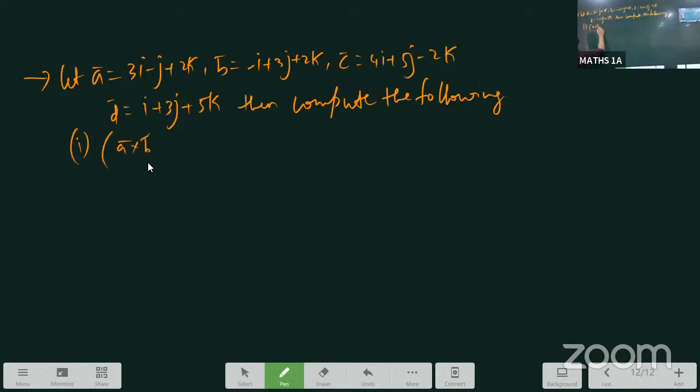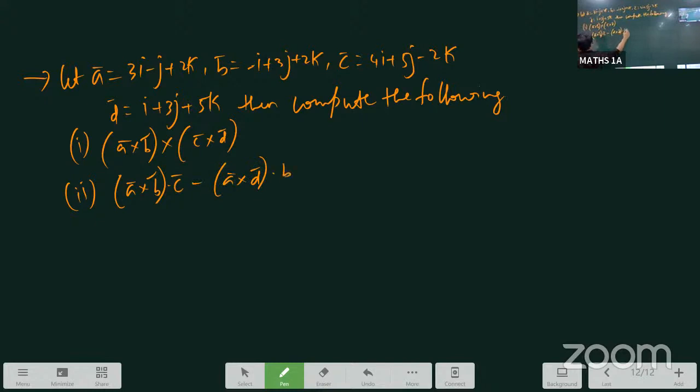What is it asking us to compute? A bar cross B bar cross C cross D. Second one, A bar dot C minus A bar cross B bar. Is it clear? We are going to compute these values. But it is a simple question only, right?